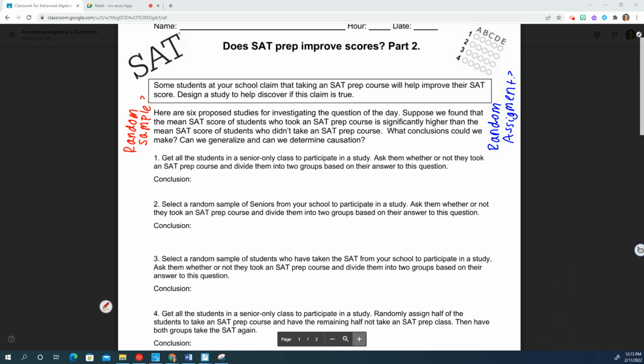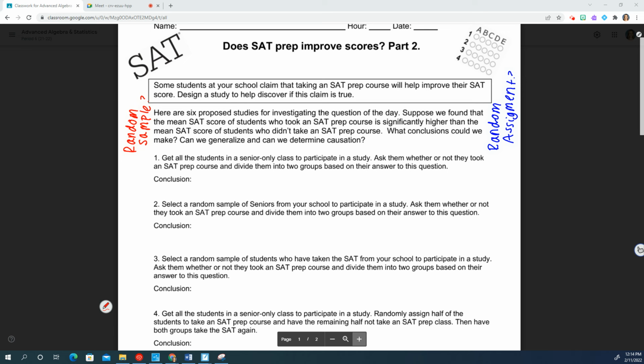Okay, so remember, random assignment takes place during an experiment. That's the way I keep them differentiated. All right, so let's do number 1 together. So you decide to get all the students in a senior-only class.